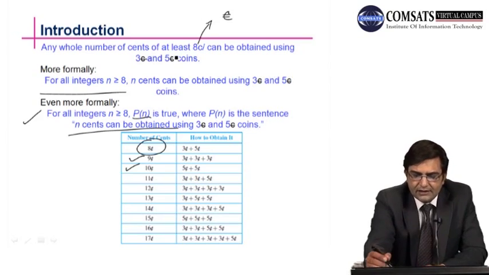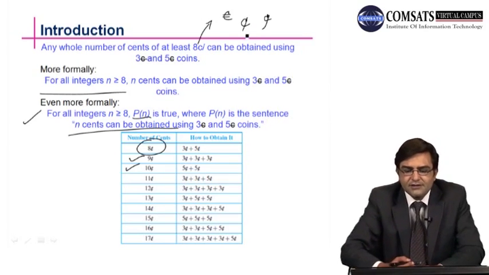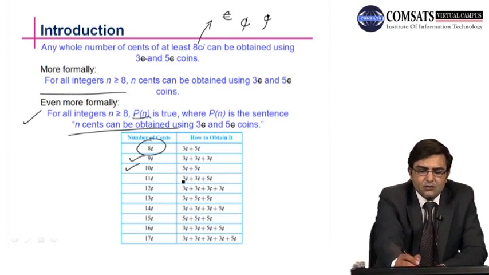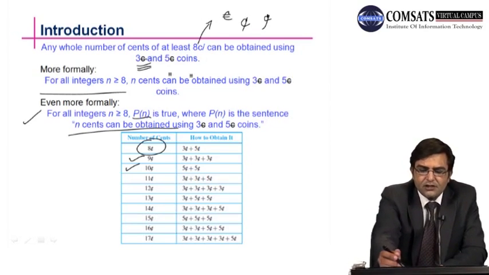This symbol is sometimes used like this: we write C and we cross it. This is the symbol of cent.